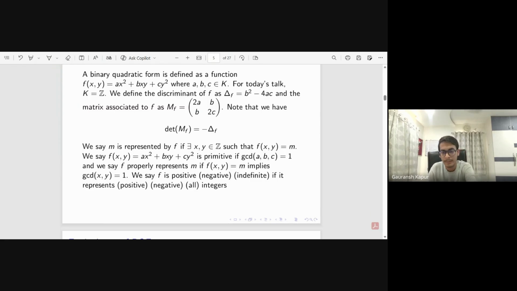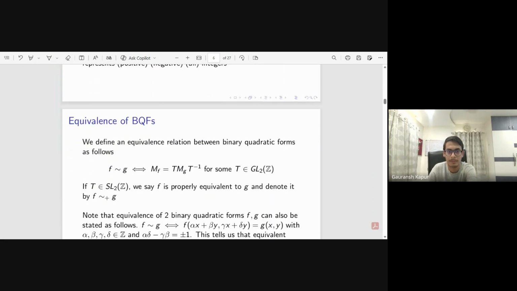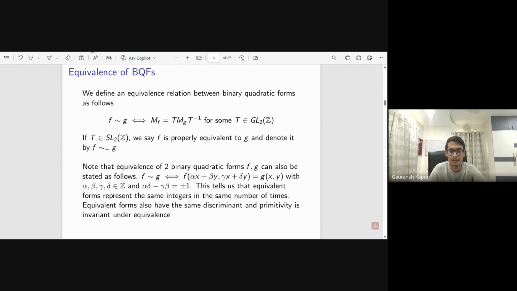Okay. So now we'll talk about equivalence of binary quadratic forms. We define an equivalence relation between binary quadratic forms as follows. We say f is equivalent to g if the matrix of f, which was given above. So let's say f is (a, b, c), that is ax square plus bxy plus cy square, and the matrix of f was 2a, b, b, 2c.